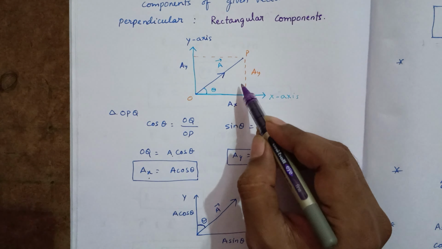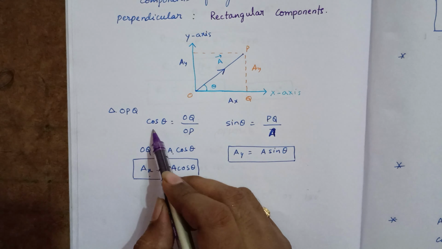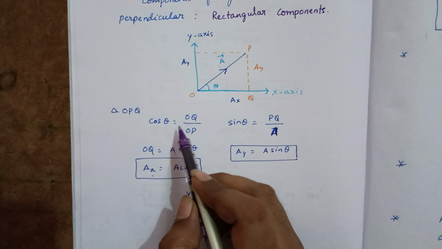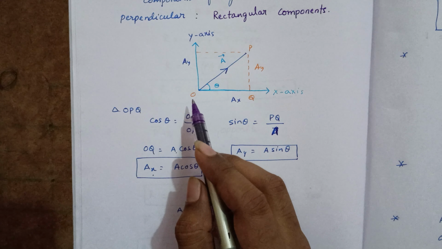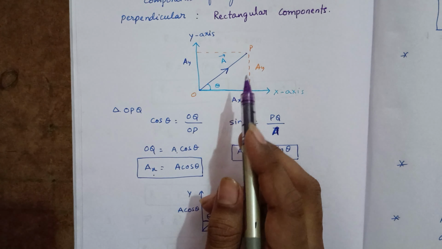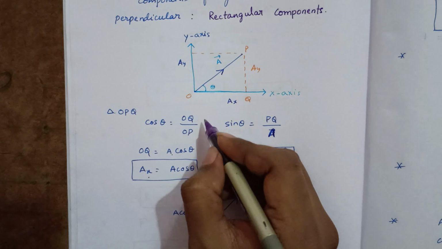Now the magnitude of the vector we can take as A. Now here if you take cos theta equal to adjacent side by hypotenuse, adjacent side is OQ, hypotenuse is OP. Now here you can write AX by A. If you do cross multiplication, AX equal to A cos theta.